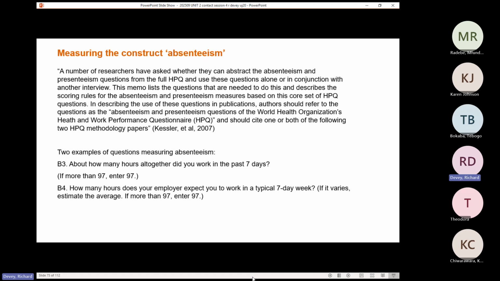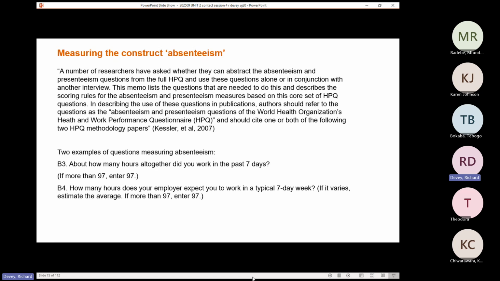This person is saying yes, you can. This memo lists the questions that are needed to do this and describes the scoring rules. If you only use some of the questions, which ones do you use, and how do you then score for absenteeism? So it's just giving you an indication that if there is an instrument out there, you might be able to take some of the questions and use those fewer questions to measure the construct.